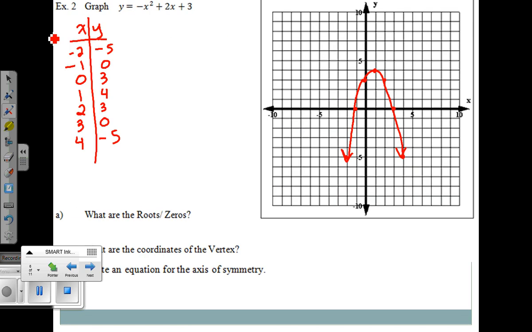So now, the roots are the zeros. We can see them intersecting the x-axis. So those are the roots, or the zeros. We can also see them here in the table, where each of those is 0. It doesn't have to do with any particular order or location. We are looking at the x-axis. That's what we care about.